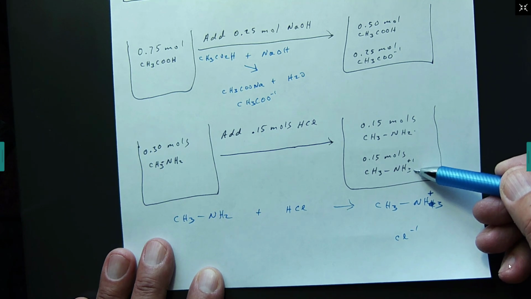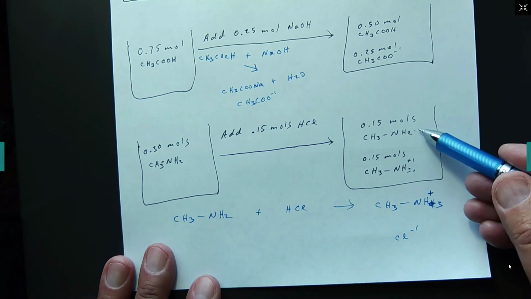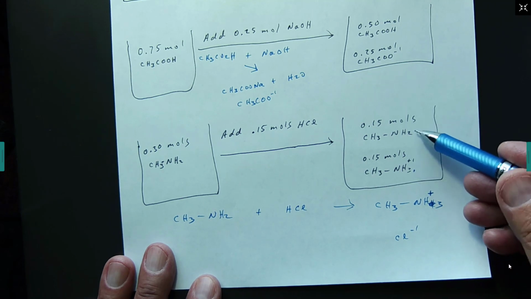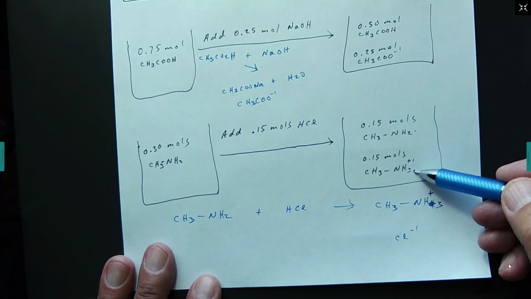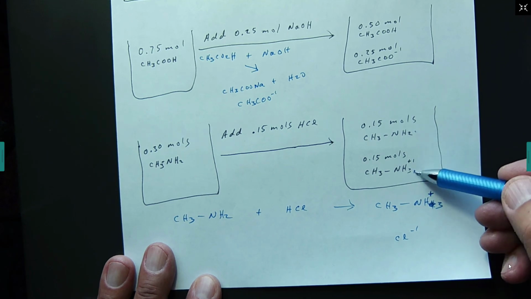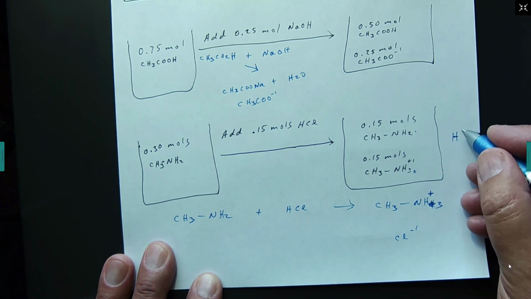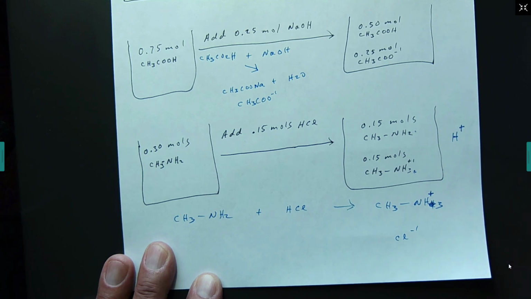So for buffers, you've got to have both the weak base and the weak acid. How are these two going to be related? Conjugates. Hopefully you're seeing that this guy and this guy are conjugates. They only differ in terms of one lousy little proton.